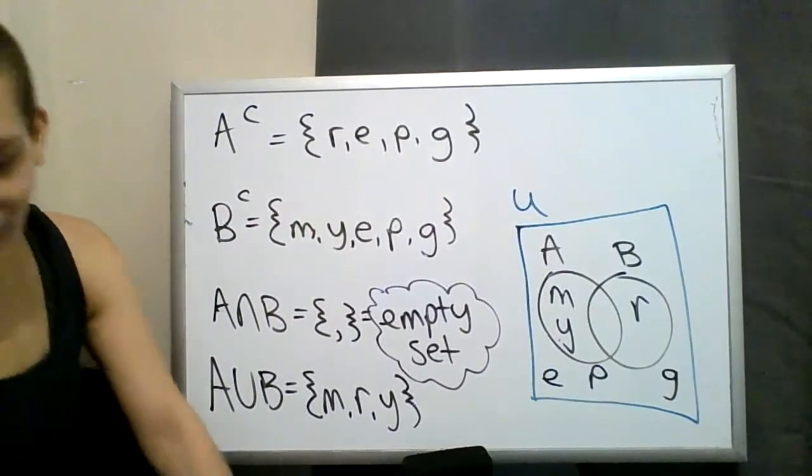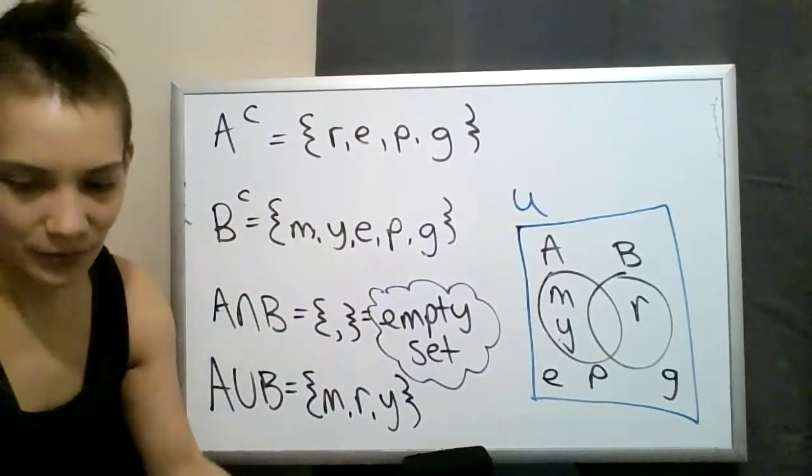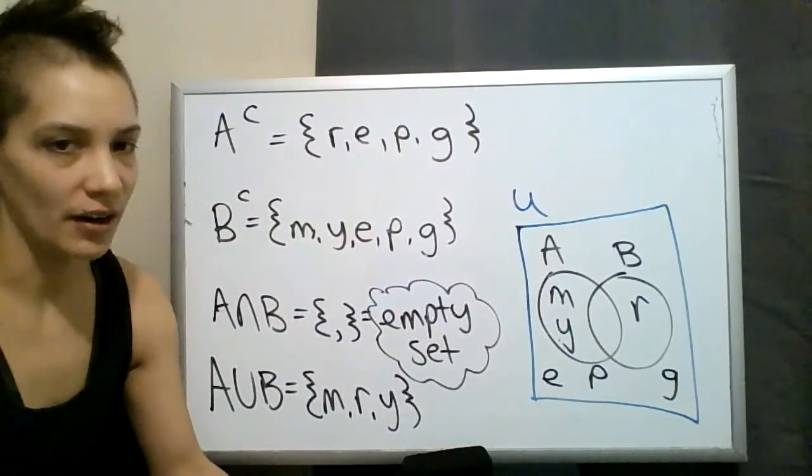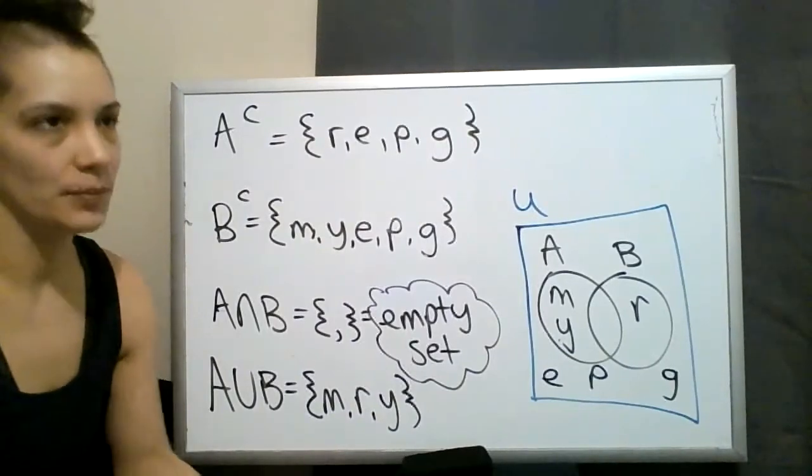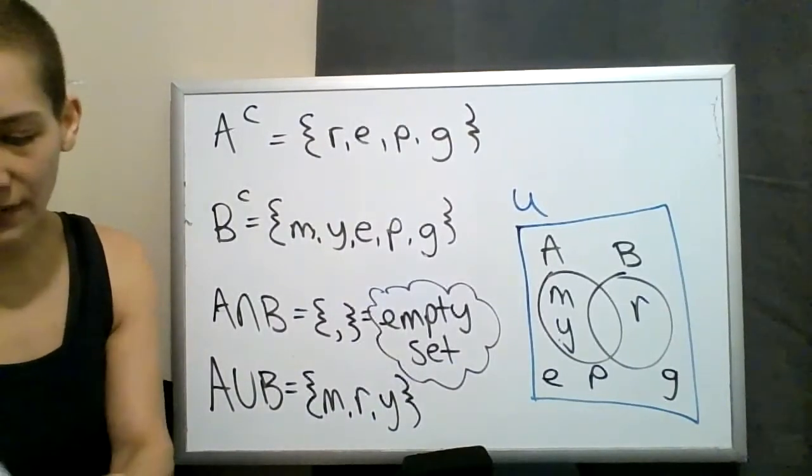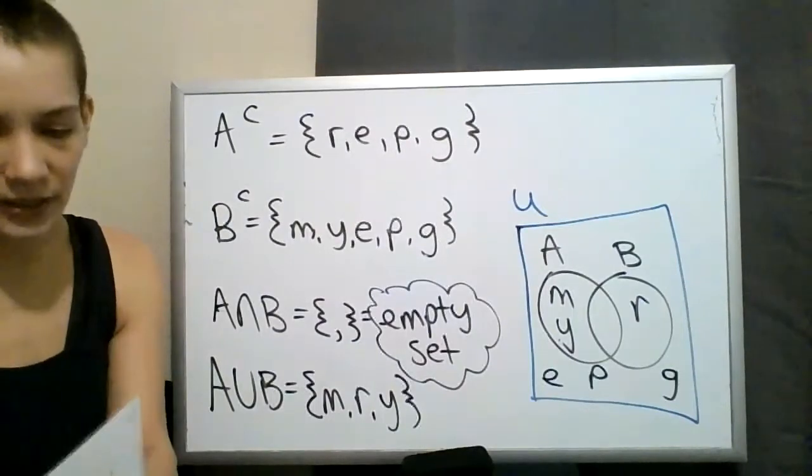All right, so before we get there, we're going to talk about variables, what kinds of variables there are, and then we'll get into writing values of a variable in interval notation.